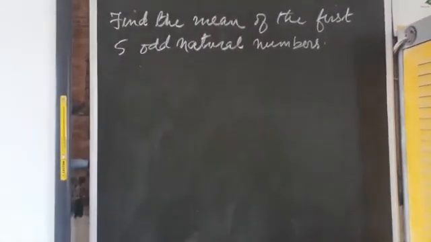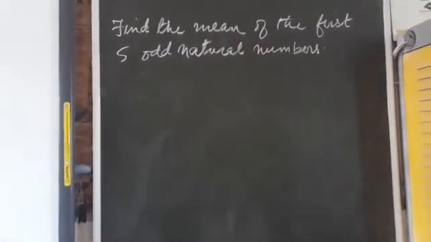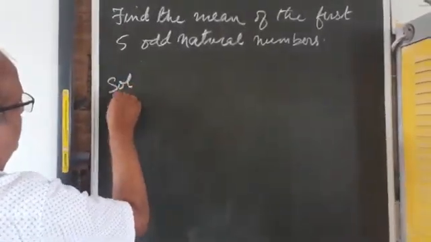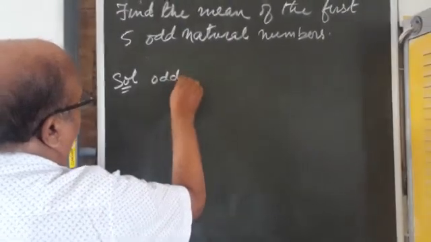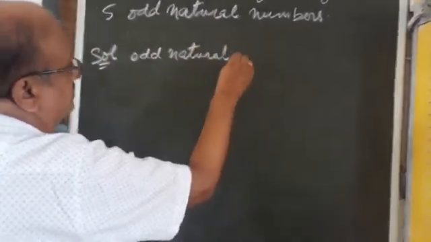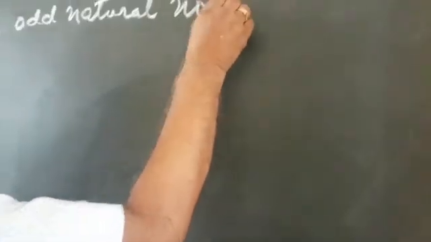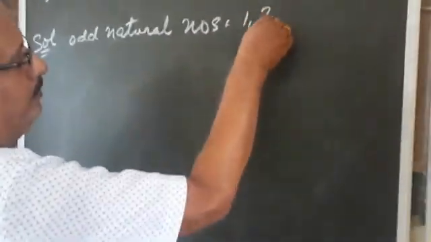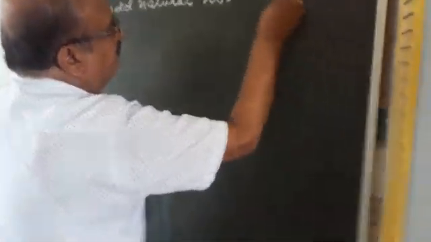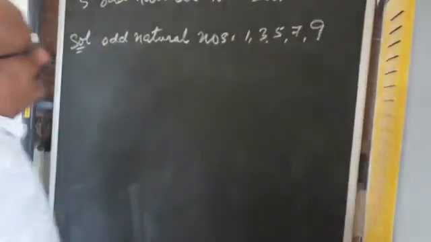So this is the question: find the mean of the first 5 odd natural numbers. So we first take the odd natural numbers, which are 1, 3, 5, 7, 9. This is 5: 1, 2, 3, 4, 5. These are the first 5 odd natural numbers.